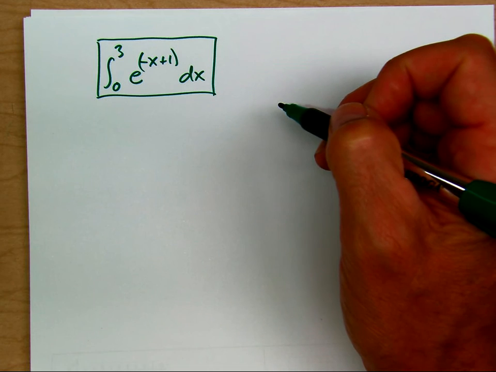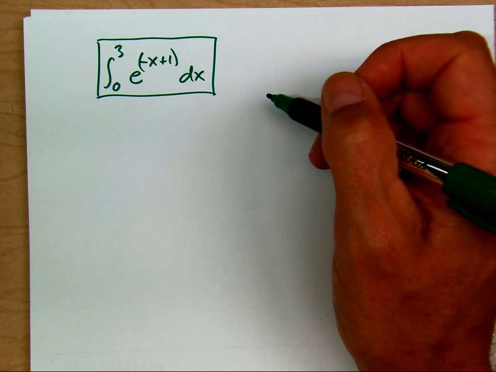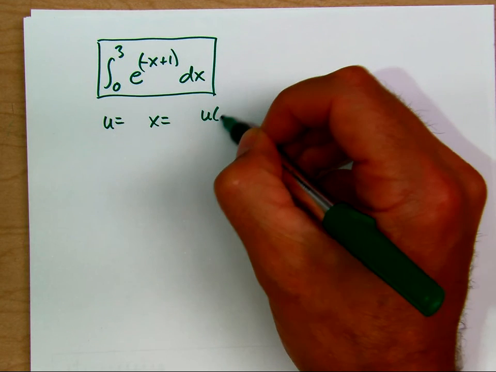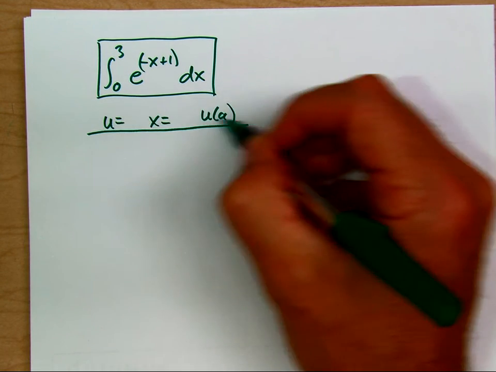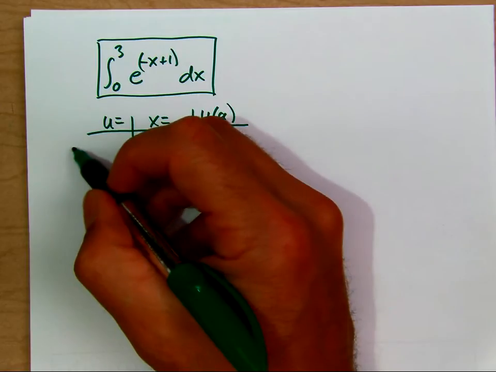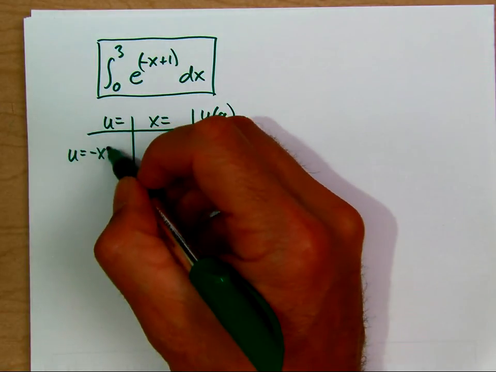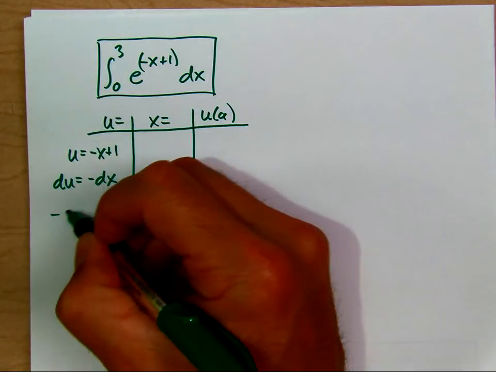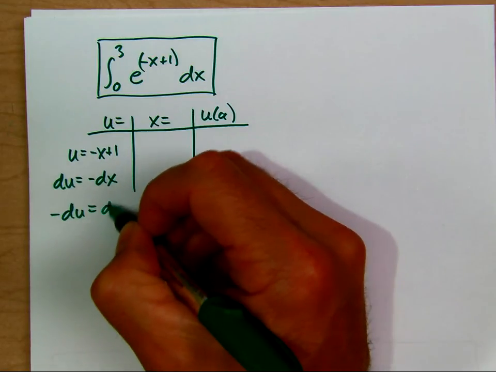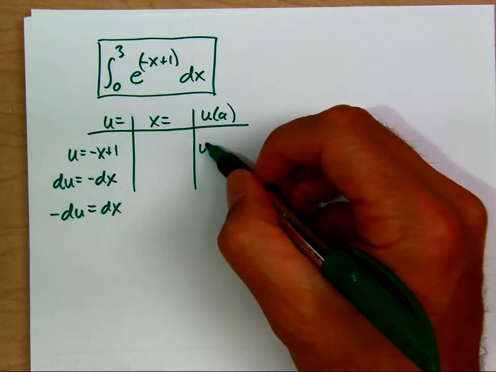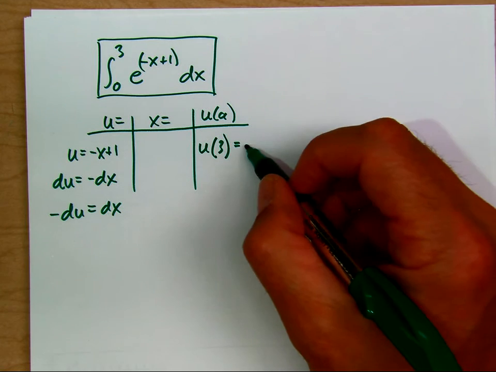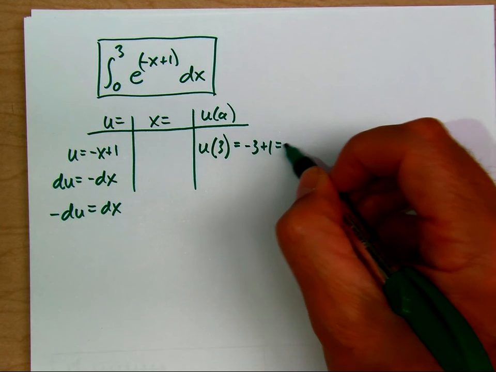Alright, pause the video and try this one. U evaluated at 3 is negative 3 plus 1.